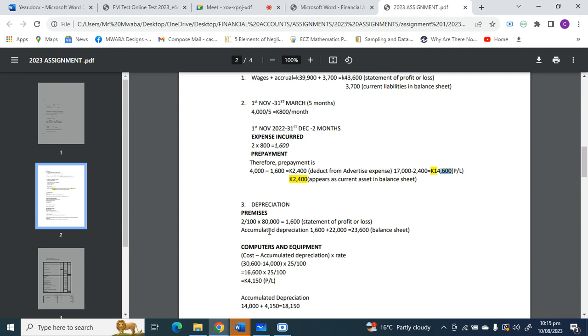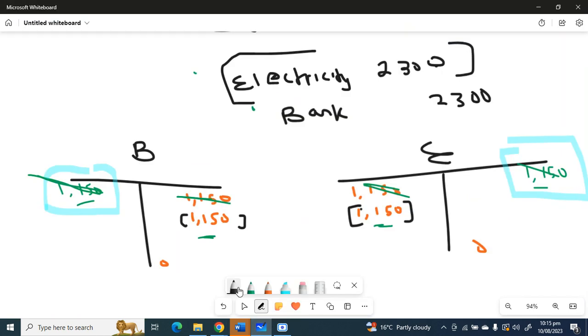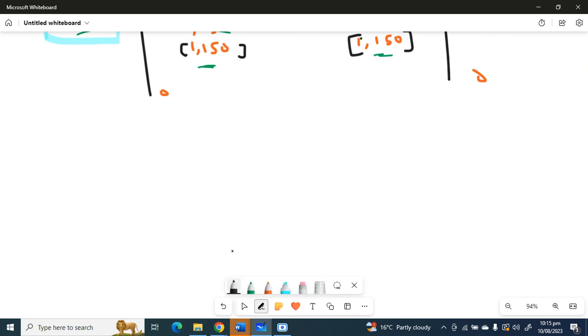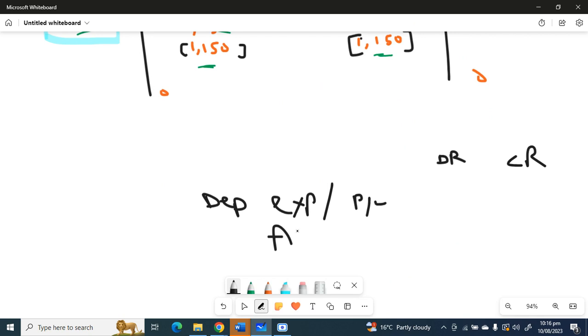And you have to add it to accumulated depreciation. Remember, I told you whenever you calculate depreciation expense, the journal entry is you're going to debit the depreciation expense. In other books you're going to see you debit the statement of profit or loss. You see PL here. Then you're going to credit allowance for depreciation, sometimes also called accumulated depreciation.